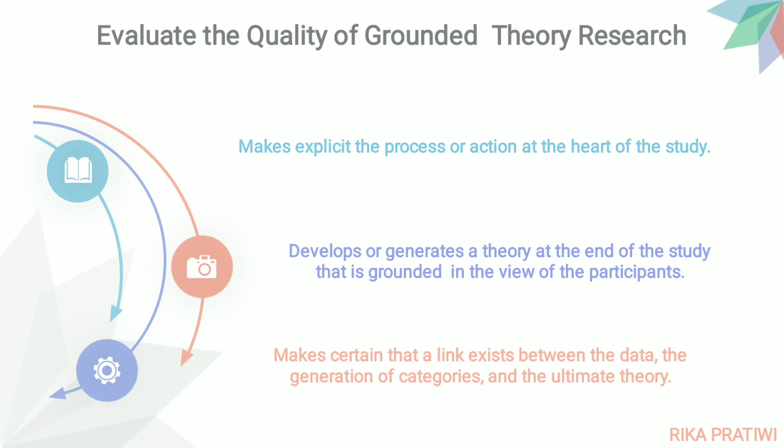It's about how to evaluate the quality of grounded theory design. We can make explicit the process or action at the heart of the study, and then develop or generate a theory at the end of the study that is grounded in the views of the participants. Make certain that a link exists between the data, the generation of categories, and the ultimate theory.